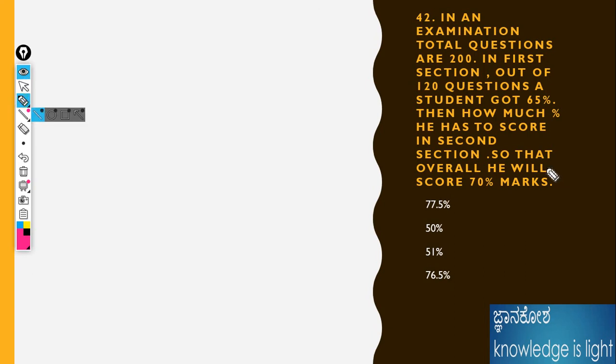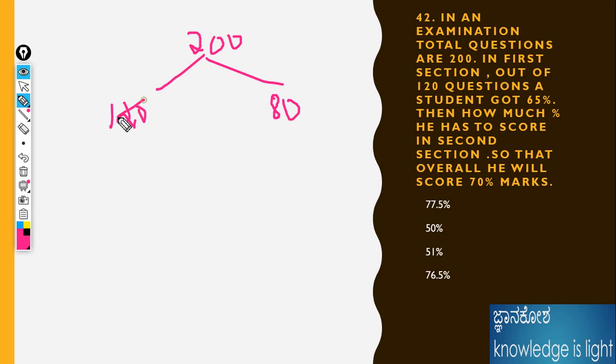Okay, here see, those are constant, the first and the second section. In an exam, 200 questions are present. Among these questions, 120 are in the first section, and the remaining should be 80 only. Then the ratio would become 3:2, isn't it?